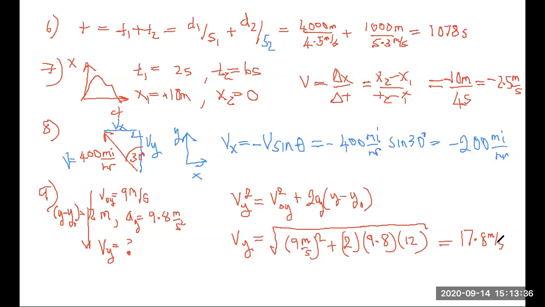Speed, on the other hand, if I just say I was walking at 3 miles an hour, that's just telling you the magnitude of my motion. It's not telling you the direction, so that's speed. Actually, Sarah wrote it more clearly than I said it.